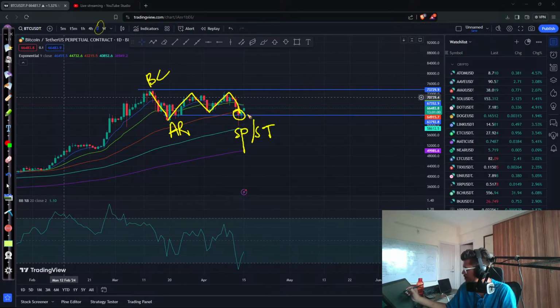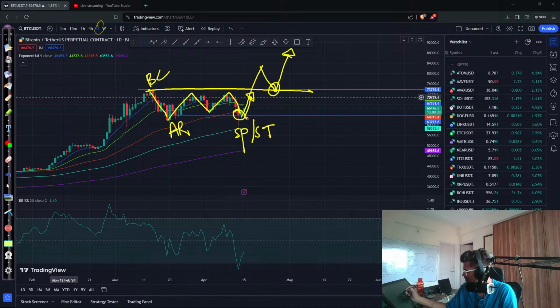So from here we know the market's going to go up, but we are waiting for the test. This is already a test, but if the market is really going to go up, it has to go up and then do this, and then we can enter long here.